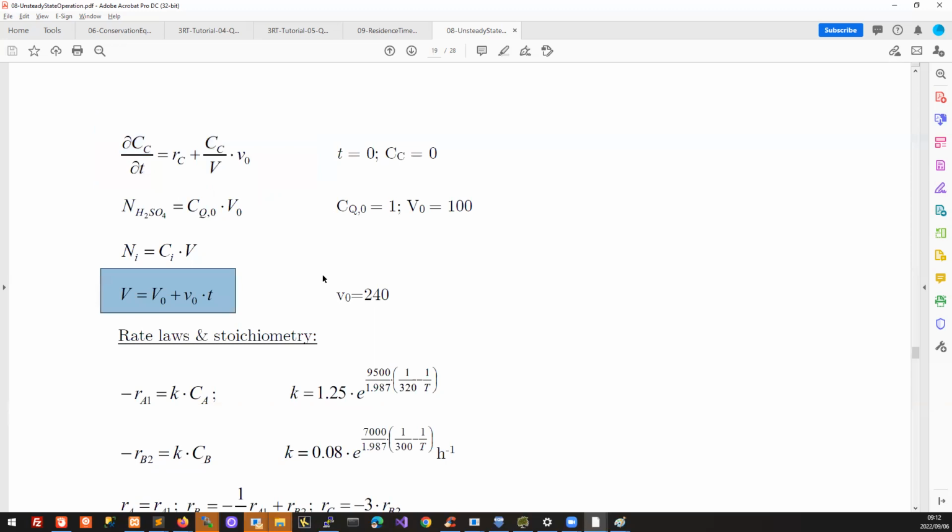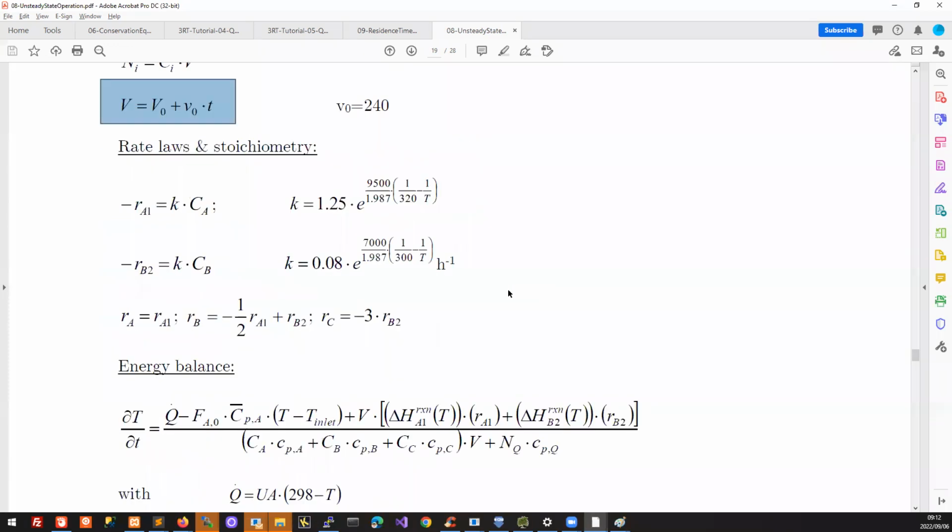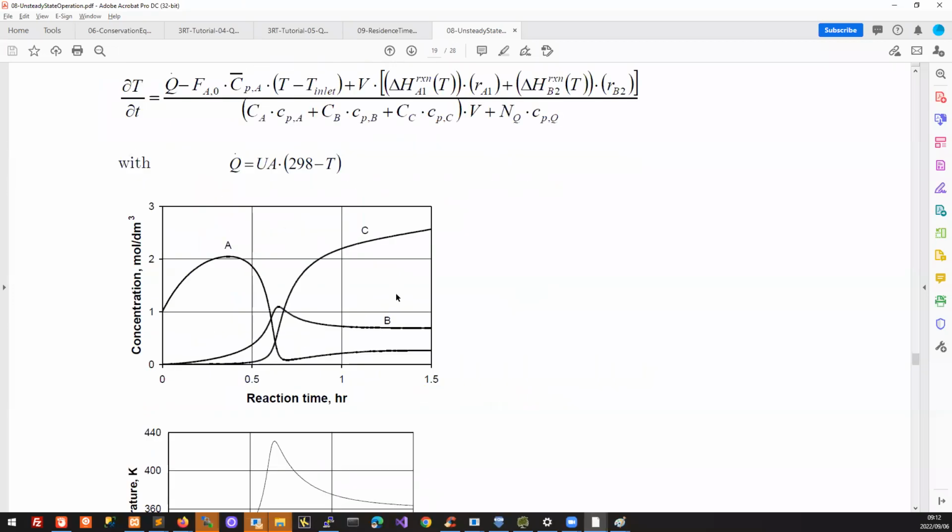So the level is rising, and if our flow rate is constant, then it's simply rising like that, right? Now, in this case, we have an initial concentration which is lower than the feed concentration.